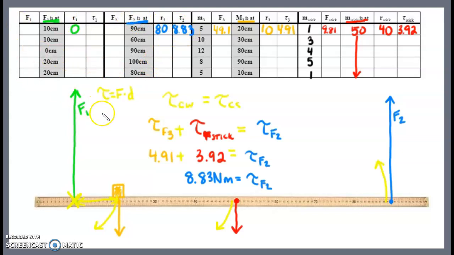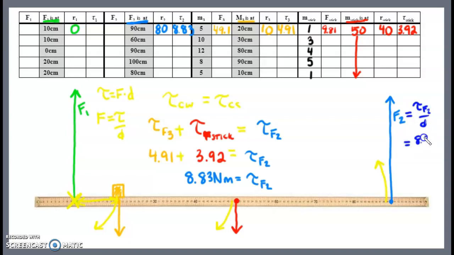So if torque is equal to force times distance, my force is going to equal torque divided by distance. So for the torque of F2, it's 8.83. F2 is going to equal the torque of F2 divided by that distance.